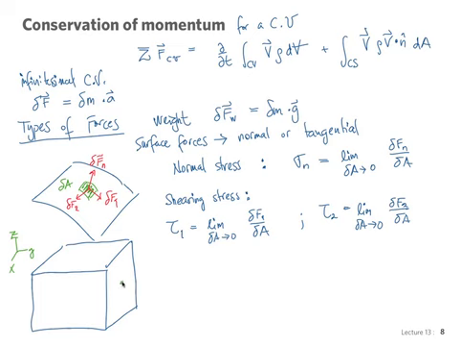Suppose in this wall we could have two tangential forces and one normal. So this is the notation that we use. This one we're going to call sigma xx. This we're going to call tau xy. And this one we're going to call tau xz. And I'll explain in a minute.